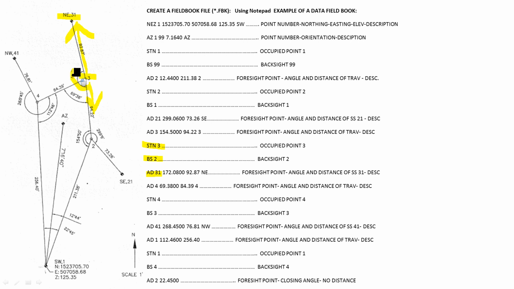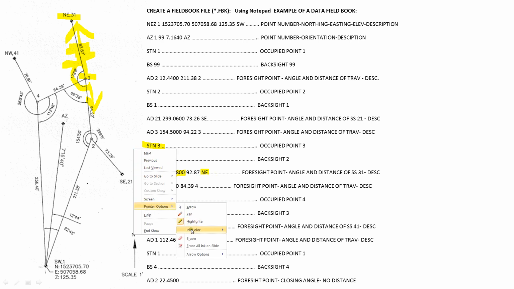I'm going 172 degrees, 8 minutes, and 0 seconds. Okay? And the distance is 92.87. And my description is the northeast. You never have a point number that has any letters in it. That won't work. But your description can have letters or numbers.